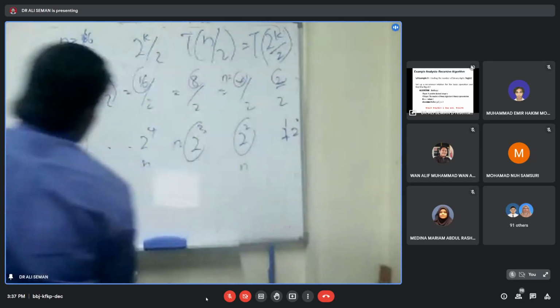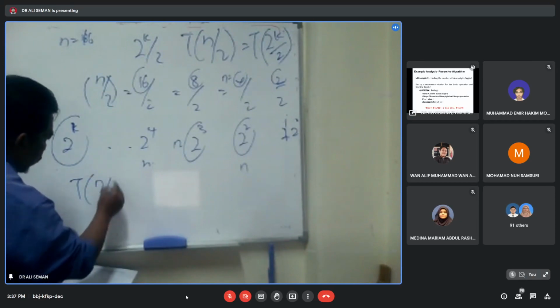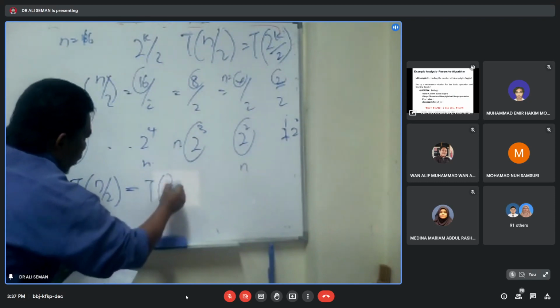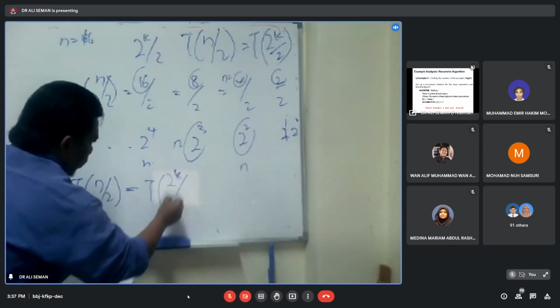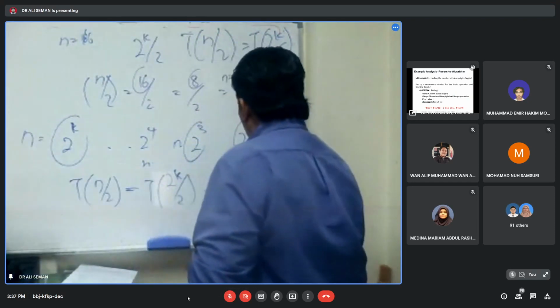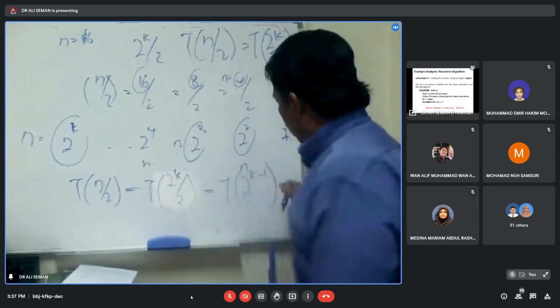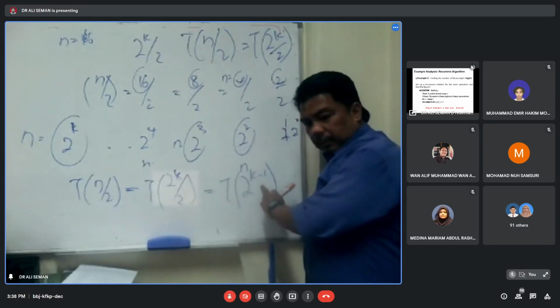Just now we have t of n over 2, equal to t of 2 power k over 2. Then we change to t of 2 power k minus 1, because we need this form, which is the recurrence relation.